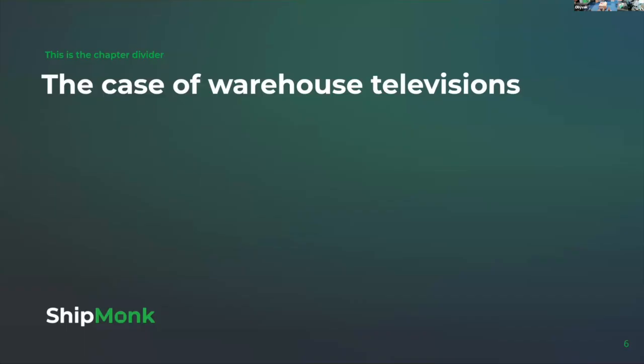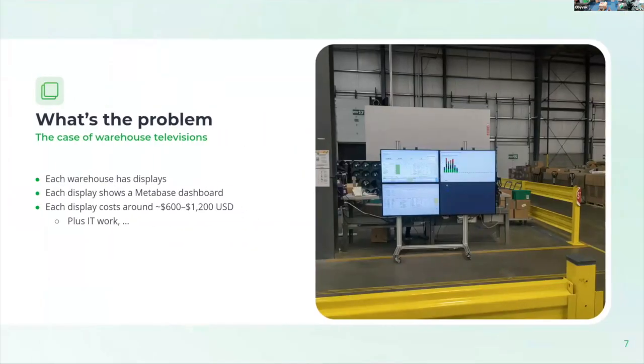So, a slightly more difficult workaround, though not that much. I think more like 100 lines of code. So it's 99 more lines than one line, but I think we'll get through it. There are these televisions in our warehouses. They are everywhere. People use them to display Metabase dashboards, and that's basically it.